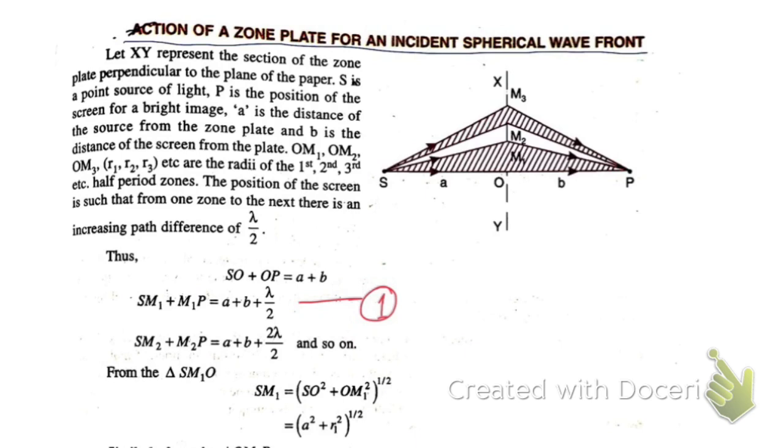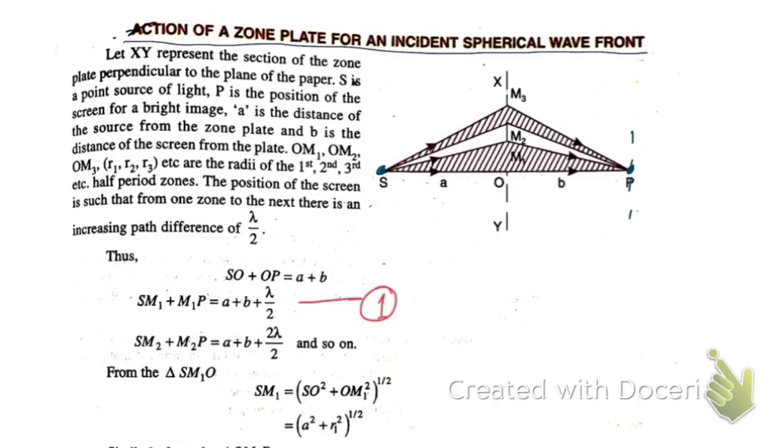Now you see here S is the point source. Where is S? This is the point source, okay, of light, and P is the position of the screen for a bright image.